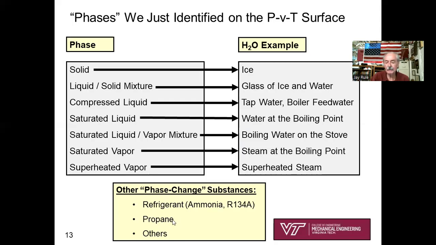For those of you that have a gas grill, you're kind of familiar with bottles of propane. And there are other substances, of course, that can change phases. Okay, I hope this slide helps you relate your familiar understanding of phases back to the technical name for phases.